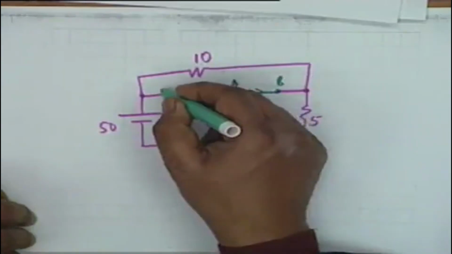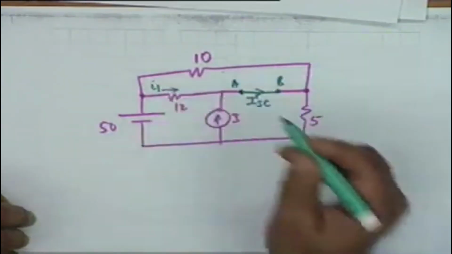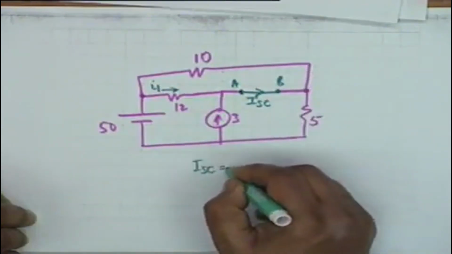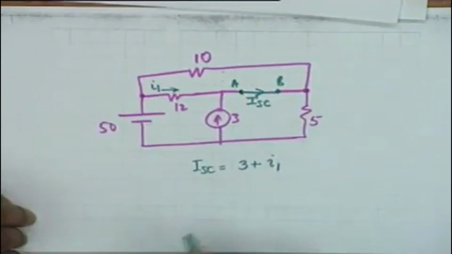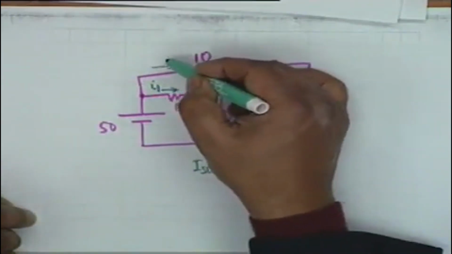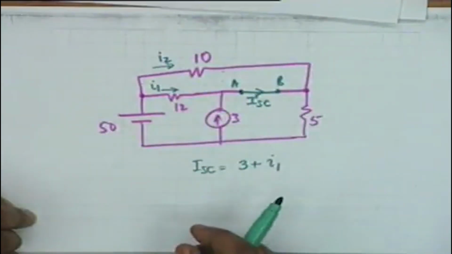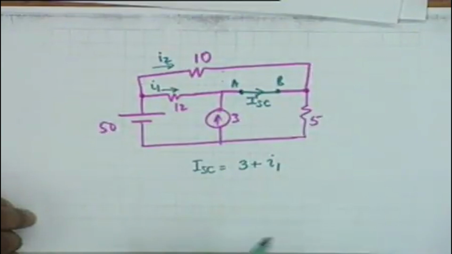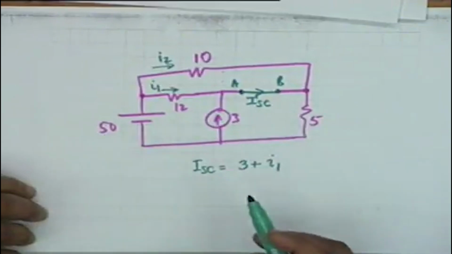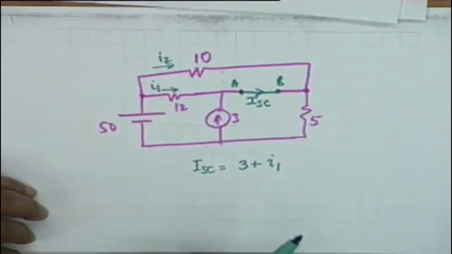Suppose I consider this current as I1, then ISC obviously shall be equal to 3 plus I1. By which law have we applied? KCL. We also have to know this current. Let's call this I2. Then how many unknowns are there? Just 2. So let's express everything in terms of ISC, and we write 2 loop equations.